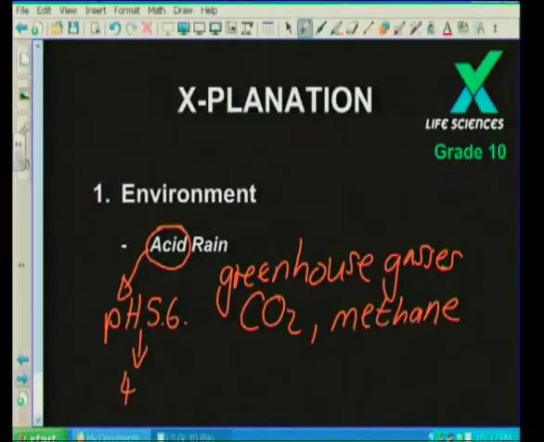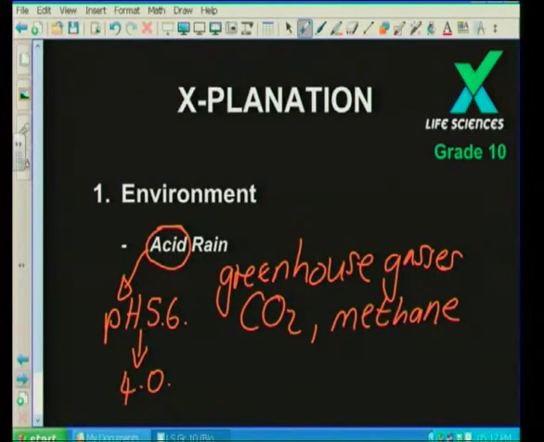Now when those gases are released into the atmosphere, they go into the clouds, and there's a chemical reaction taking place between these gases and the water in those clouds. Because of that chemical reaction, that water becomes more acidic. So the pH is lowered to, let's say, around about 4.